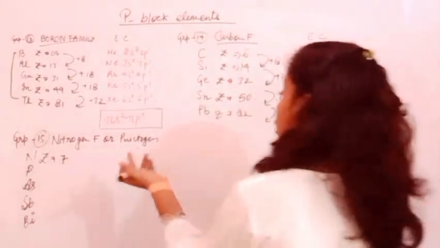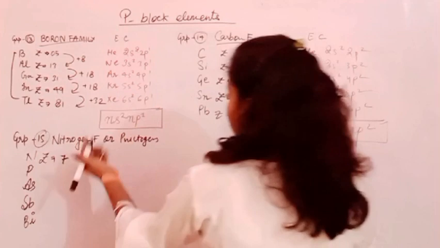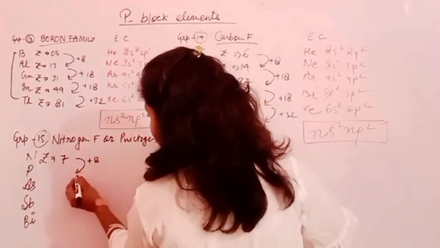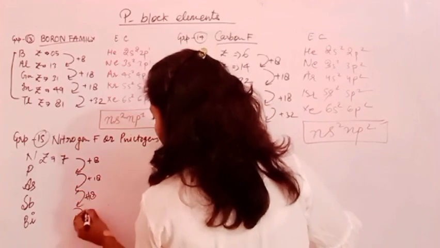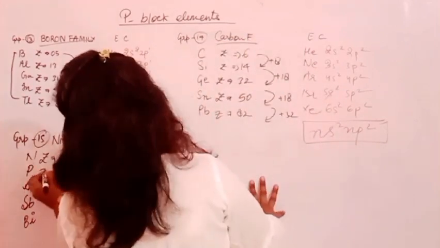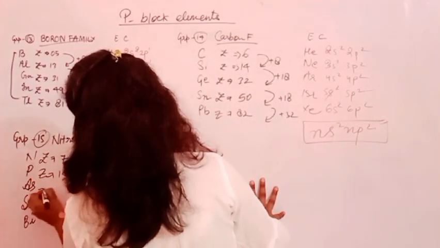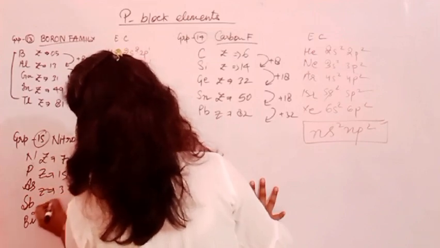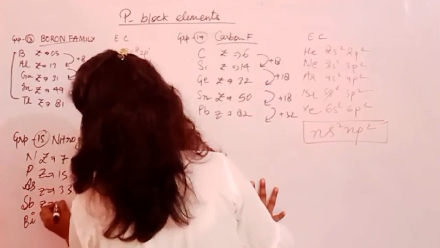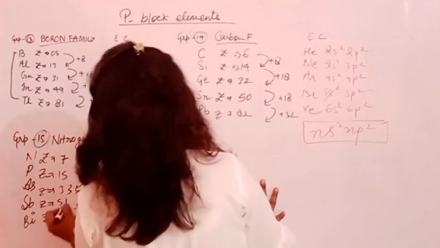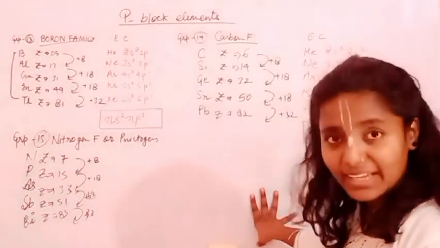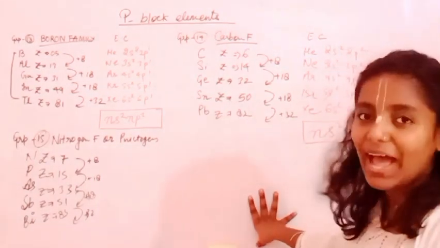Again I am going to use the same trick, adding 8, adding 18, adding 18, adding 32, giving 15, 33, 51, 83. Hopefully it is clear how to write the atomic numbers of the elements.